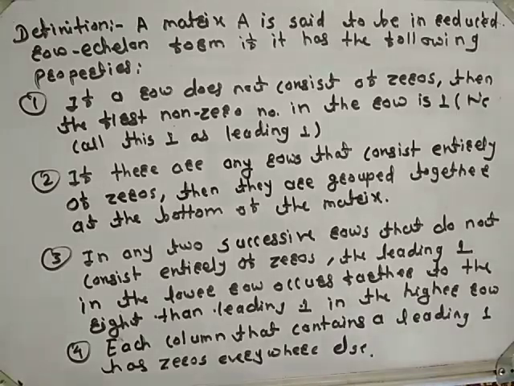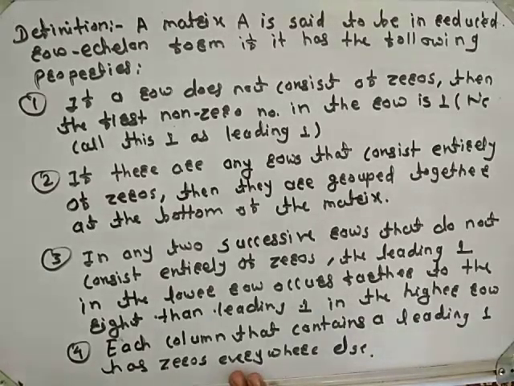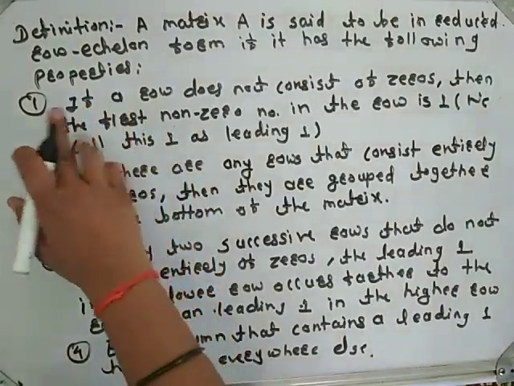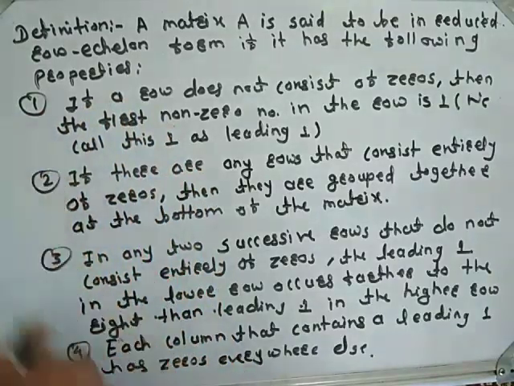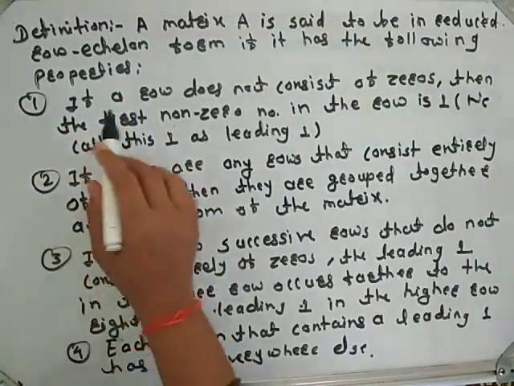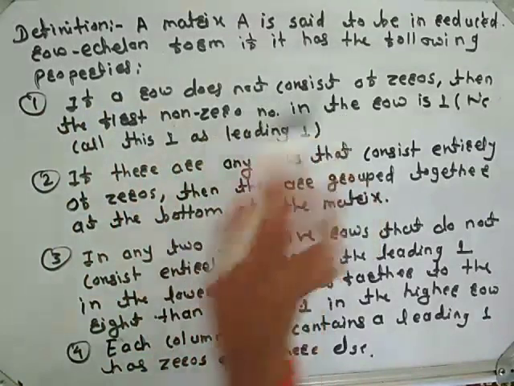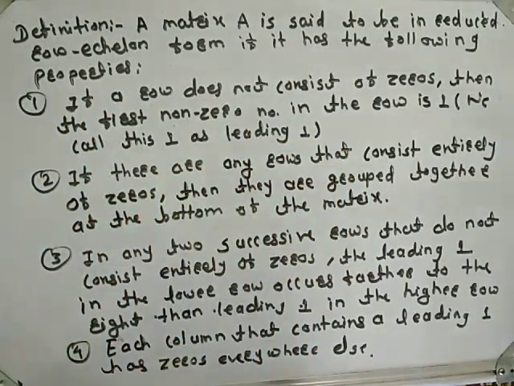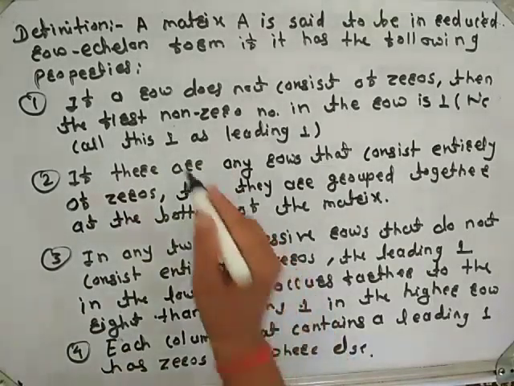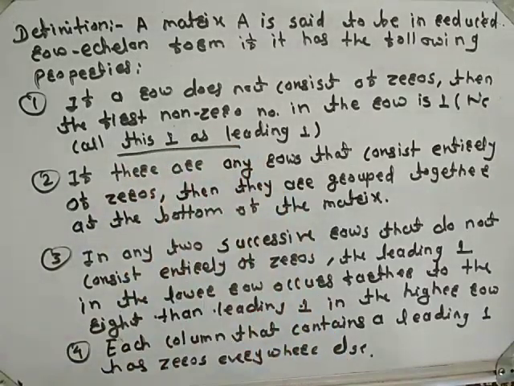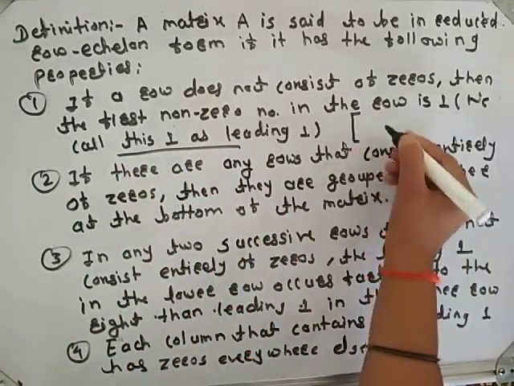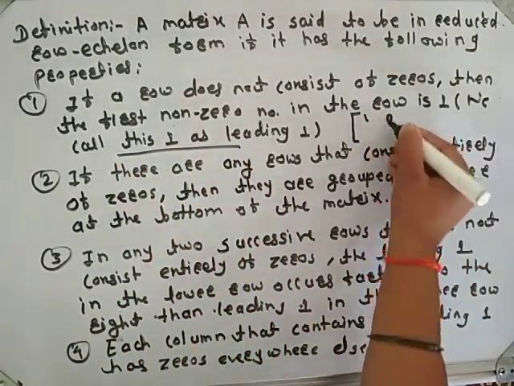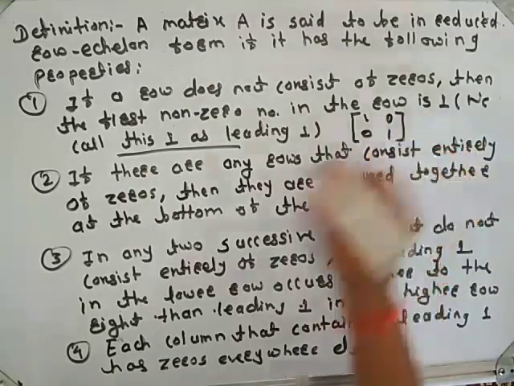See here, what is reduced row echelon form? For this, there are four properties. First is, if a row does not consist of zeros, then the first non-zero number in the row is 1, and this one is called leading one. For example, suppose this is a matrix 1 0 0 1.